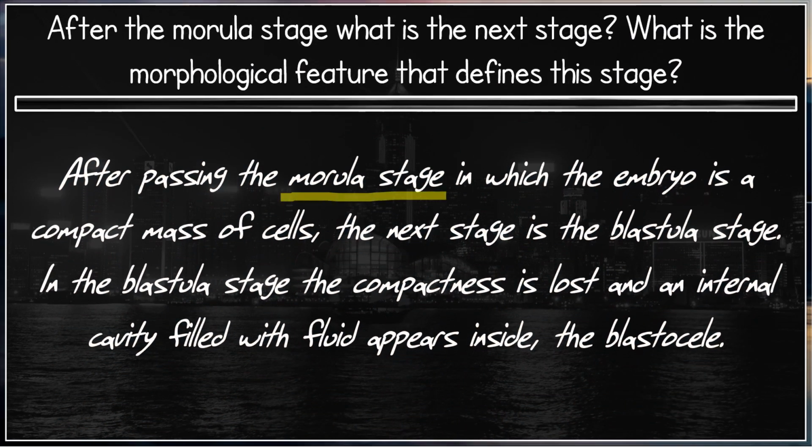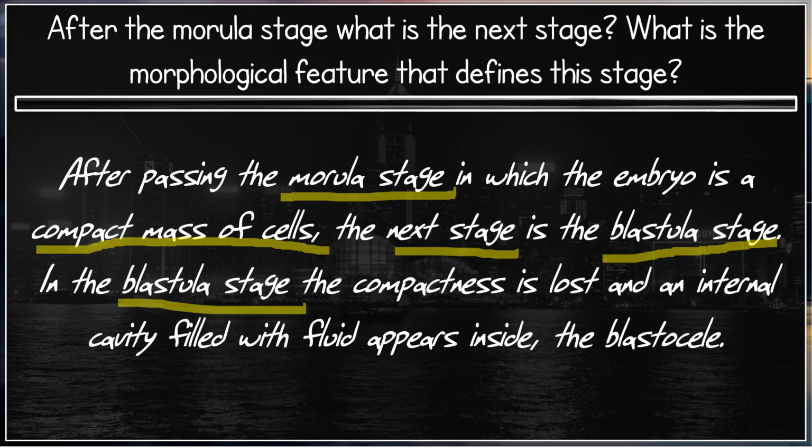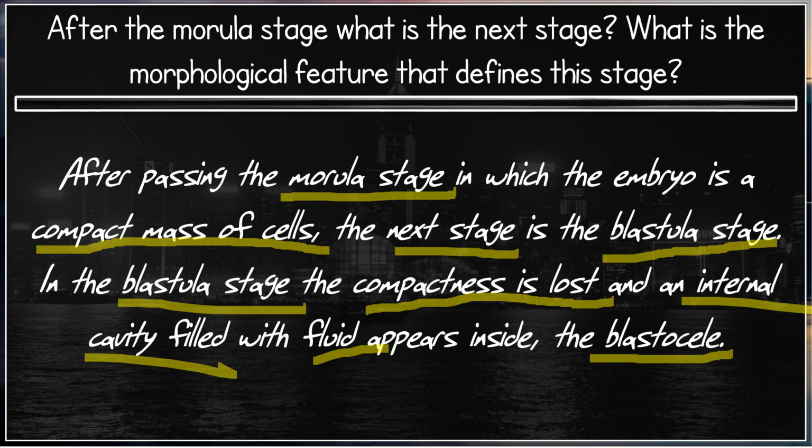After passing the morula stage, in which the embryo is a compact mass of cells, the next stage is the blastula stage. In the blastula stage, the compactness is lost and an internal cavity filled with fluid appears inside, the blastocoel.